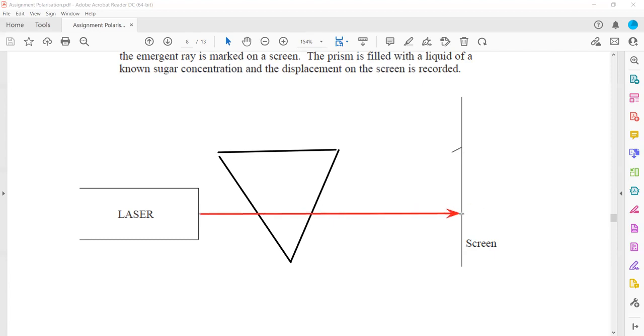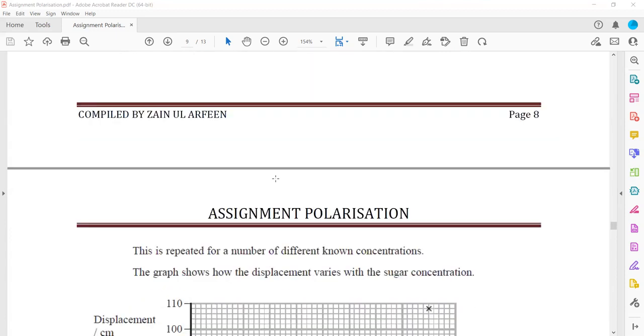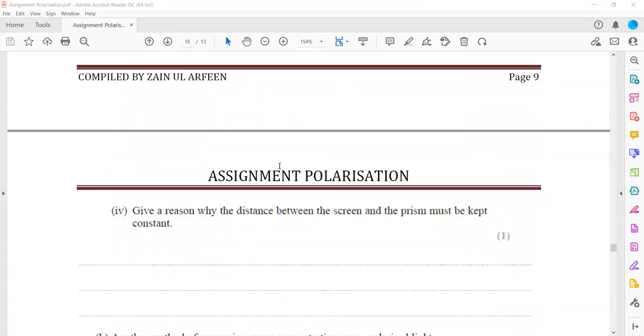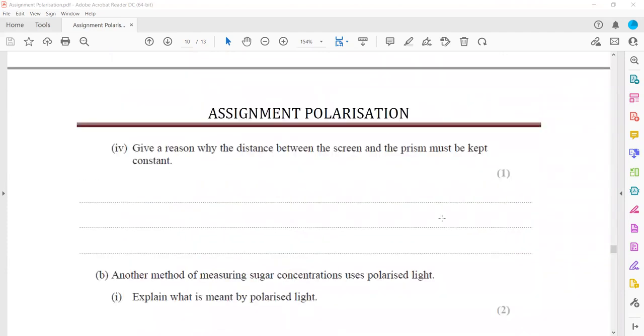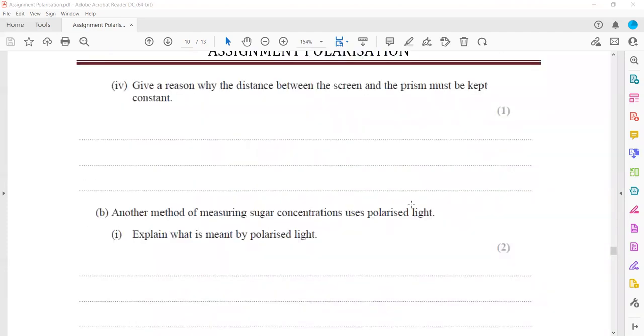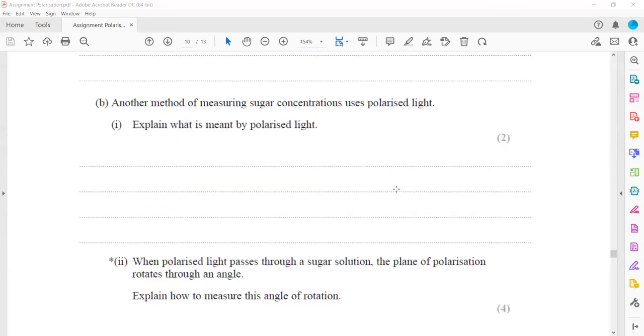This is if there was no liquid present, and if there's a liquid present, then in that case light has to cover a greater distance. As a result, the displacement will increase. So why must this distance between the prism and the screen be kept constant? Because it can affect the displacement. One mark is there, we'll just mention that it can affect the displacement.